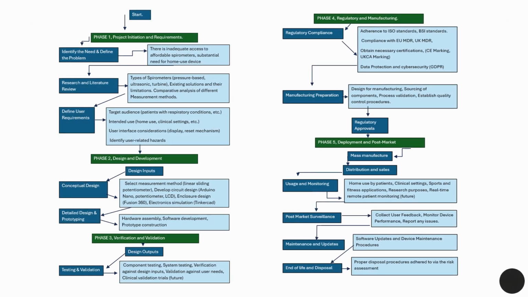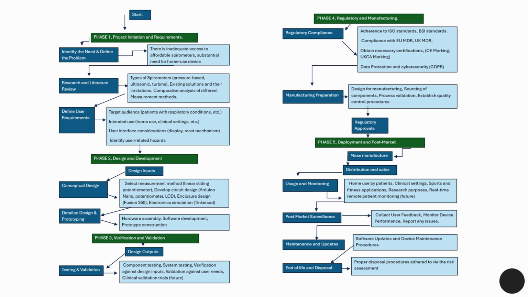Here, this is our design brief. This is our flow chart for how we want the design process to go. These are the phases in which we're going to complete the project, and we're currently at the start of phase 3. We've done component testing, system testing, and verification against design inputs, as well as verification against user needs, but clinical validation trials are still a thing of the future for now.